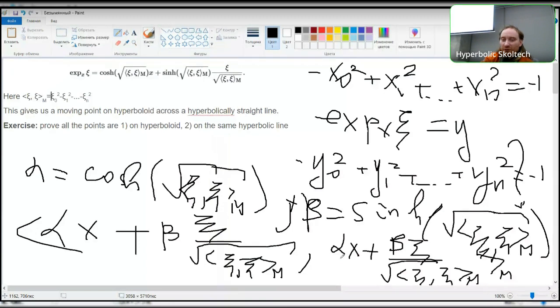What should it be equal to for this point to belong to our hyperboloid? Not minus 1.